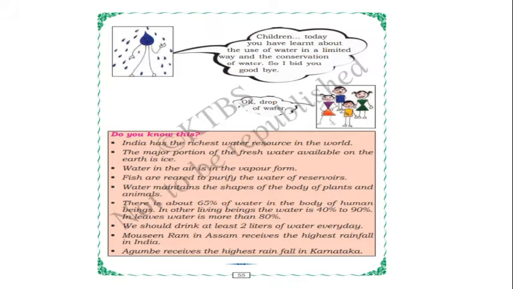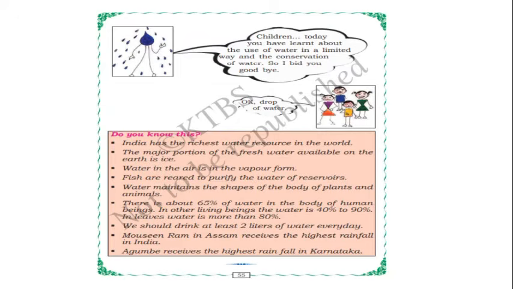All the living beings cannot live without water. There is about 65% of water in the body of human beings. In other living beings, the water is 40%, and in leaves, water is more than 80%. We should drink at least 2 liters of water every day.